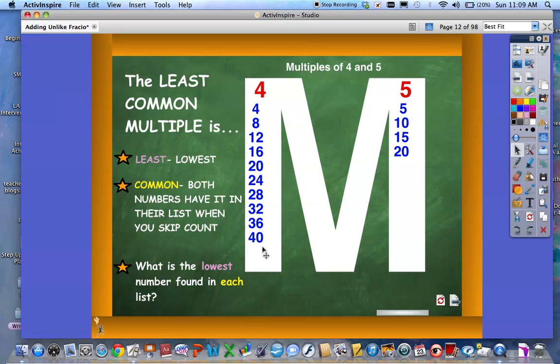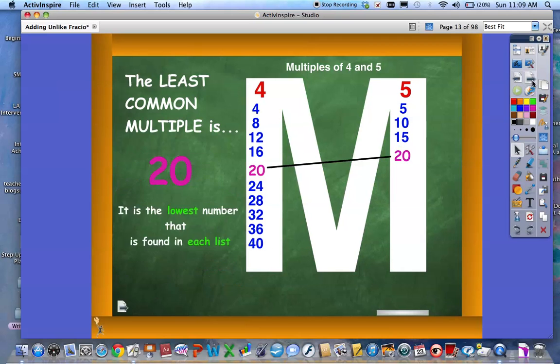So when I look at my list, I find that the least common multiple is in fact 20. It is the lowest number that is found on each of my multiples lists. Will there be other numbers that will be the same on the list of multiples for 4 and 5? Yes, there will be if we keep going.